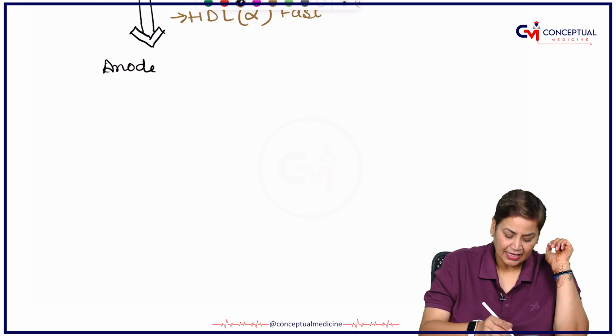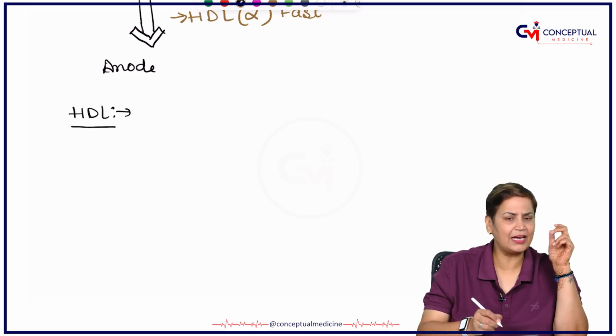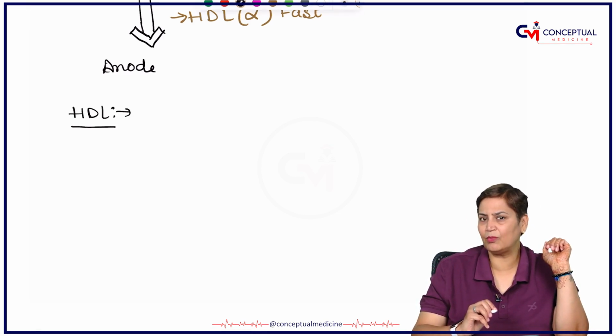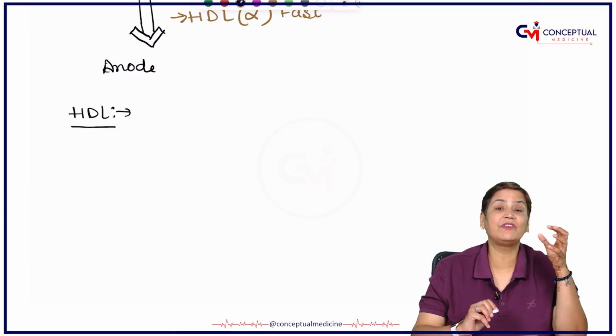Now see, HDL has specific apoproteins. In my previous videos on the metabolism of chylomicrons and VLDL, we studied their specific apoproteins.